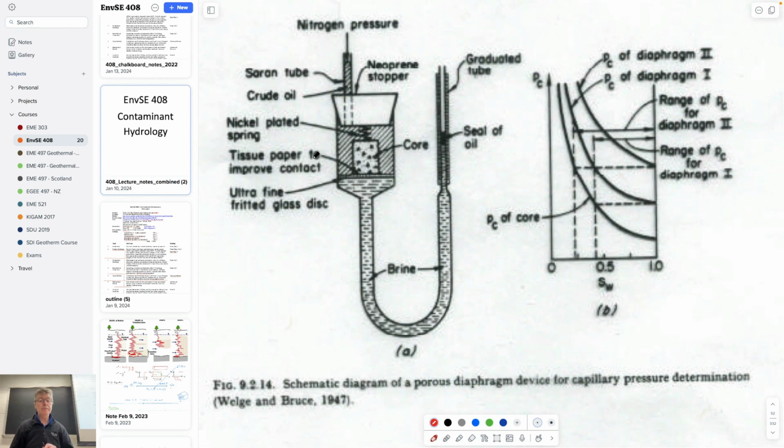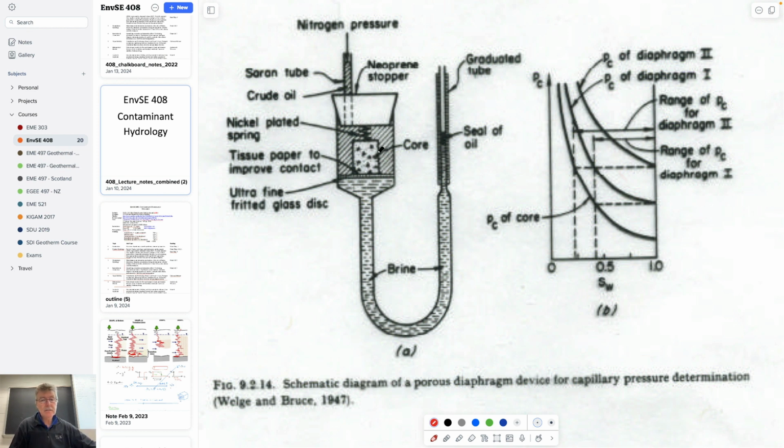So I won't go through it quickly, but I will say that what you could imagine doing is taking a core, having that core filled with something, maybe a non-wetting fluid, and you surround that core by another fluid, in this case, so the wetting, actually saturate the wetting fluid, which is water, and then surround it by oil, which is a NAPL.